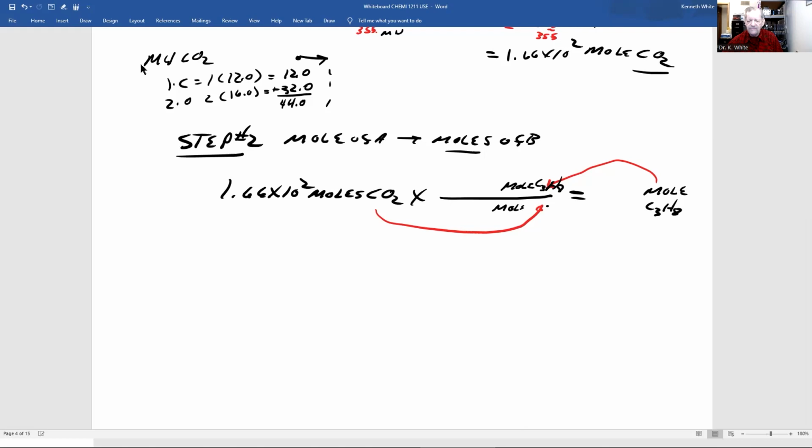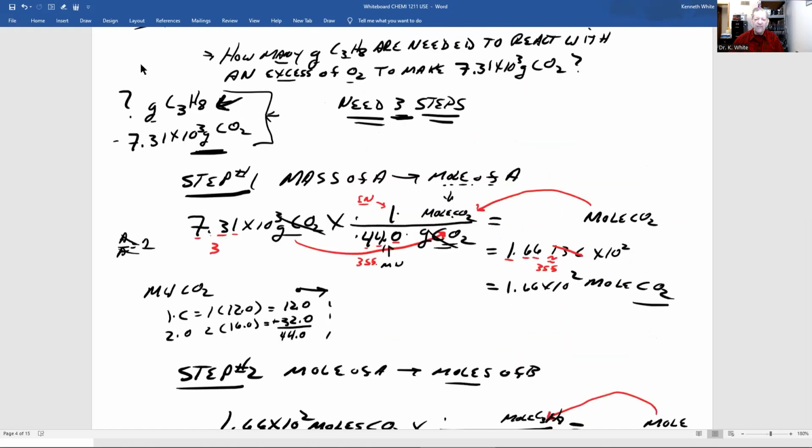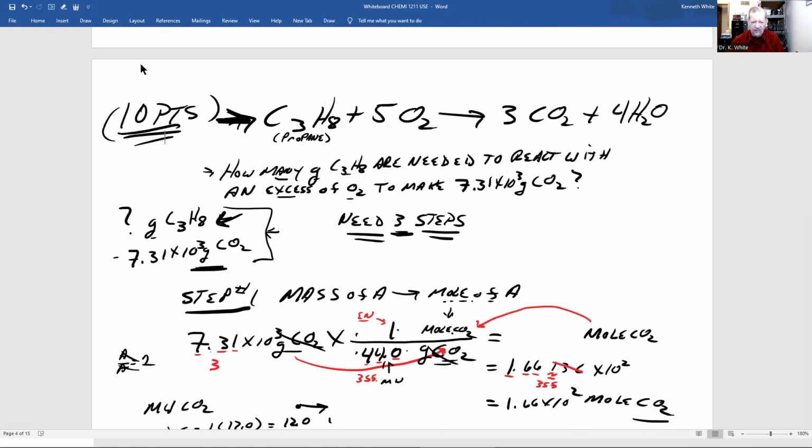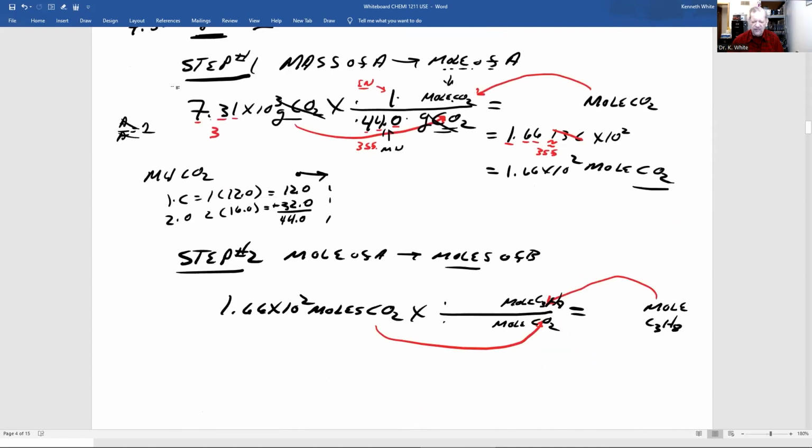Moles of CO2 go underneath. Where do I get those numbers? Well, you come up to the balanced chemical equation, and the coefficient, the number in front, when there's no number, it's the number 1. I'm trying to get the relationship between moles of propane, C3H8, and moles of CO2.